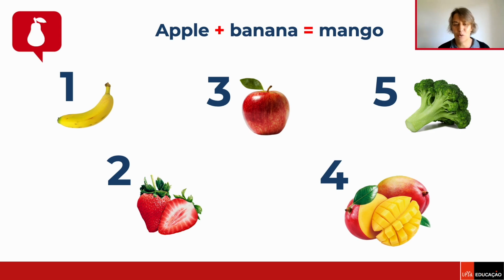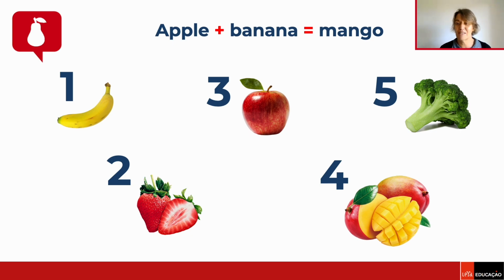This isn't a new activity. I'm sure it's something you've seen before, but it's quite useful in bringing a maths operation into a language lesson. So you can see here that apple and banana equals mango. If my maths is right, 3 plus 1 equals 4.